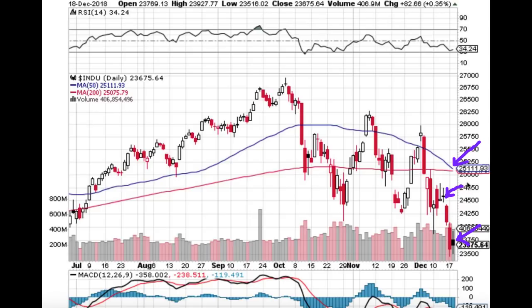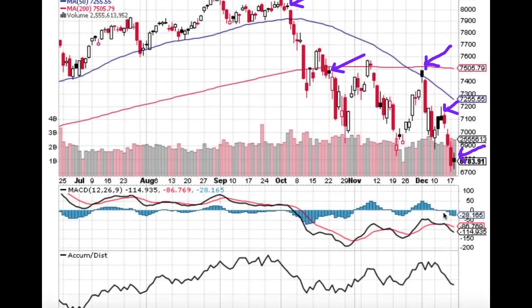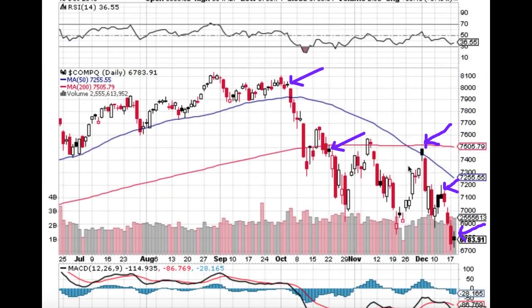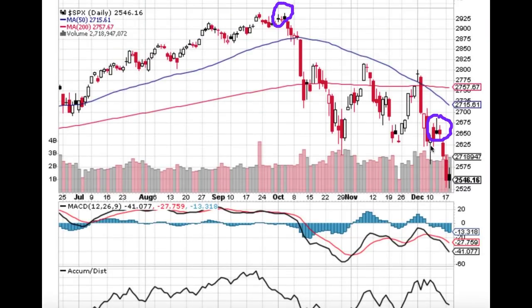Also, I think we are on the verge of the bigger drop because, observe this, the death cross is just about to take place right here on Dow Jones. As you can see, we have not had a death cross anywhere else on this chart. If we look at NASDAQ, the death cross has taken place, and since then we've seen a small pop followed by a huge drop. Take a look at the death cross right here on S&P 500.